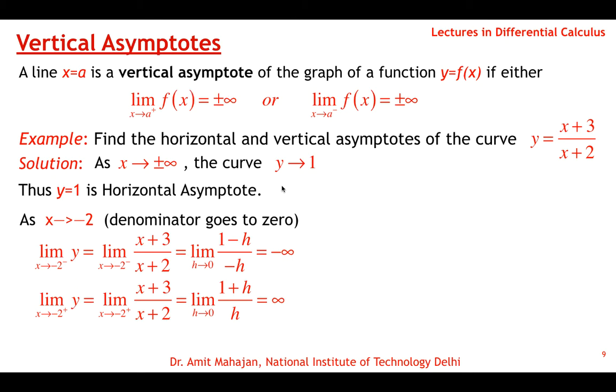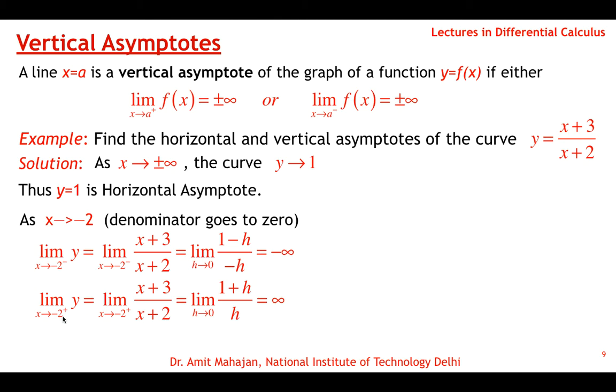Okay, and why we calculated the left and right, because it tells us what happens to the function curve when it comes from the left side, and what happens to it on the right side. Okay, so when x goes to minus 2 from the left side, the function values are going to minus infinity, so the curve is going downward to minus infinity near x is equal to minus 2.